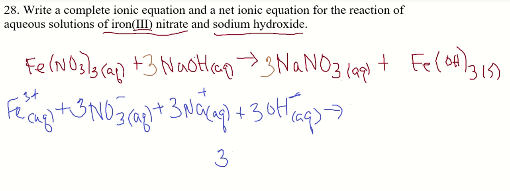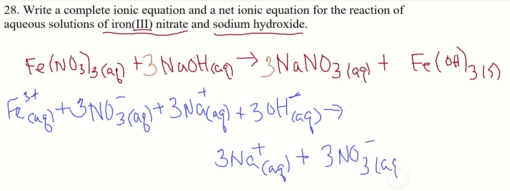I feel like I'm going to run out of room, but I'm trying to keep it on the same line. All right, 3 sodiums, AQ, and then plus. Don't forget your plus signs. Sometimes students forget them. And then 3 nitrates. Don't forget the charges either. That's AQ. And then this is not soluble, so we're just going to write that just the way it is.